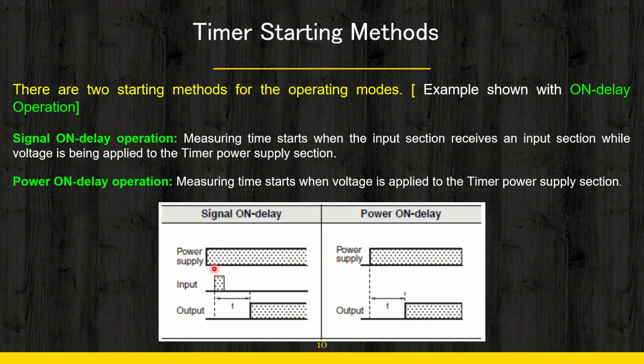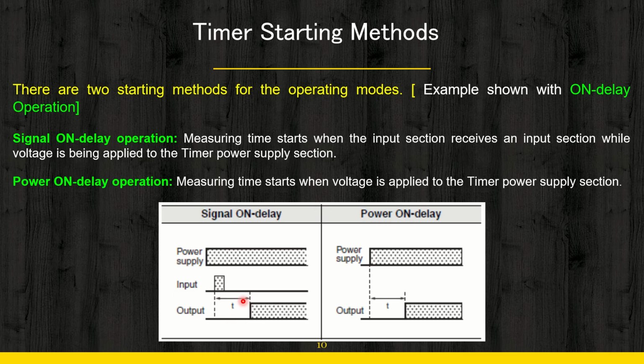Okay. Now in case of signal on delay operation, the power supply has to be fed to the timer, because without power supply nothing is going to happen. Then you have the facility for an external trigger or input. When the input section receives the signal, then the timer starts counting.